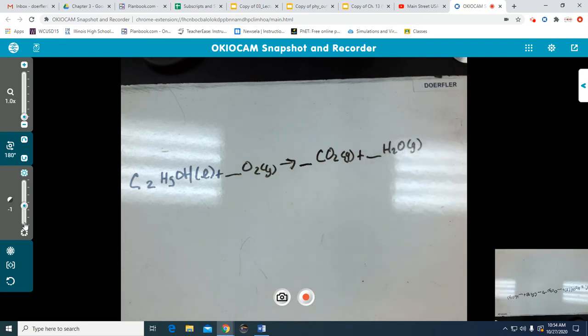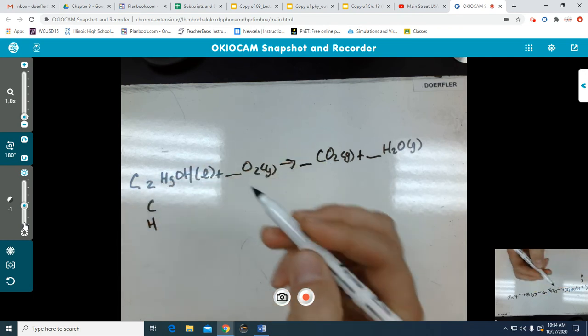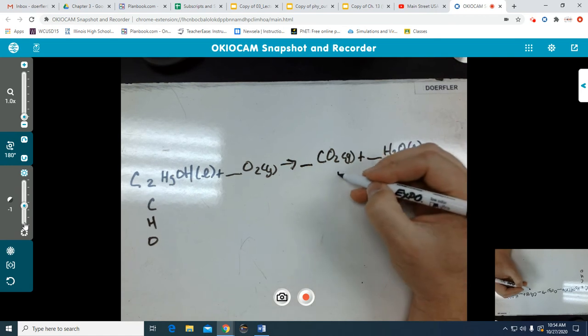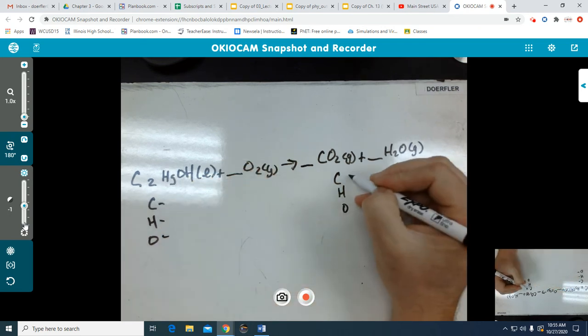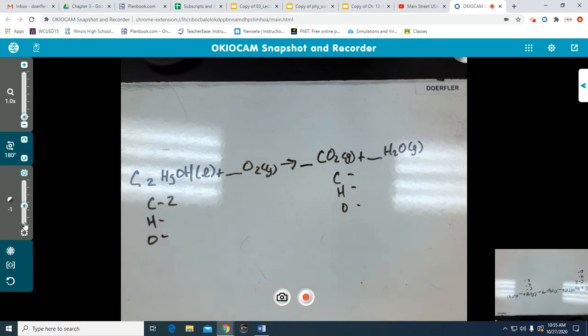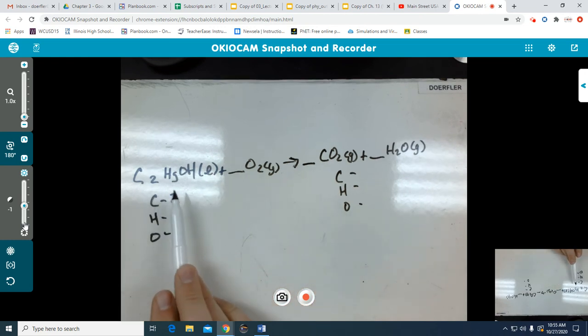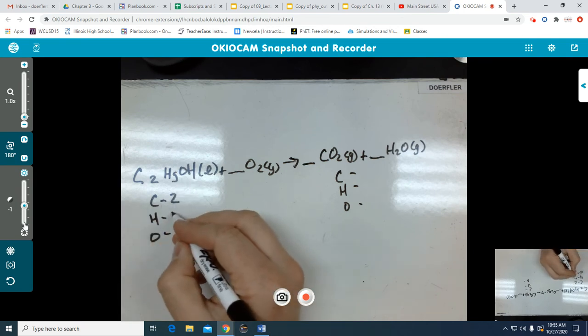Okay, let's list what we know. We've got carbon, hydrogen, and oxygen. So here on the reactant side, I've got 2 carbons. Hydrogens, I've got 5 plus 1 is 6.